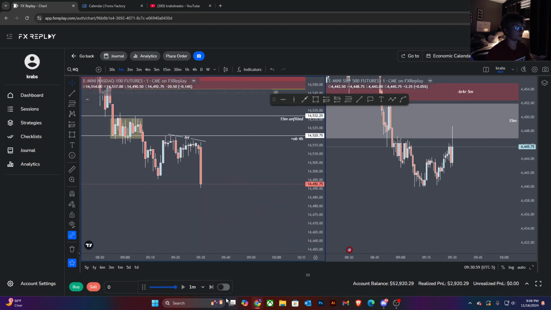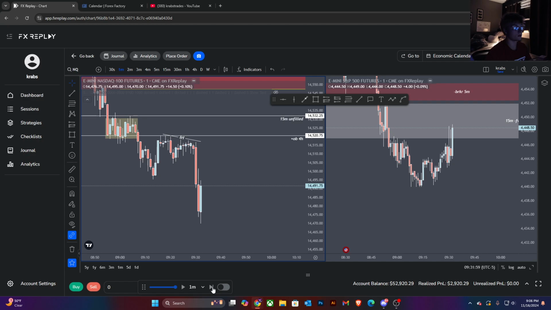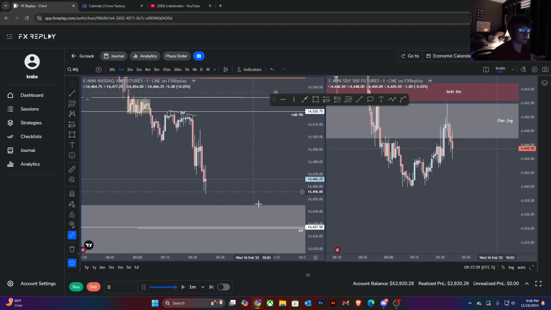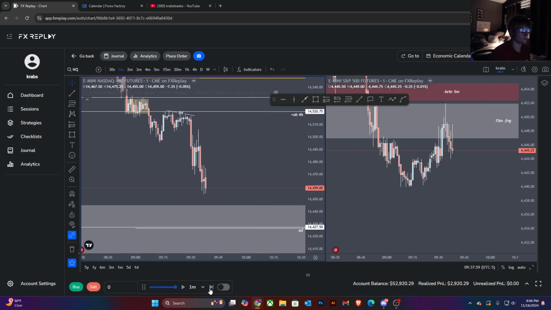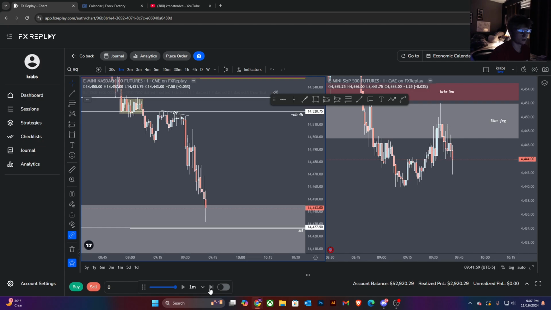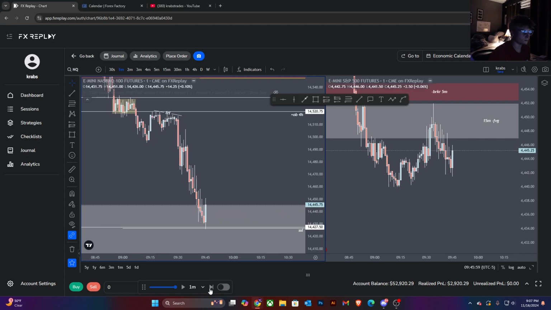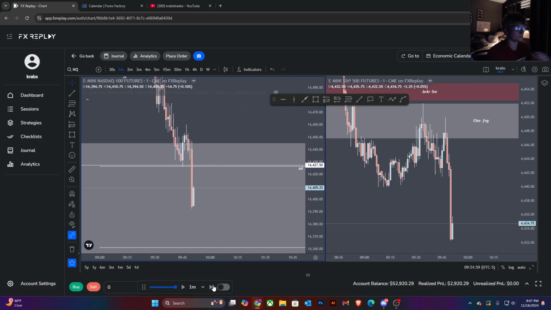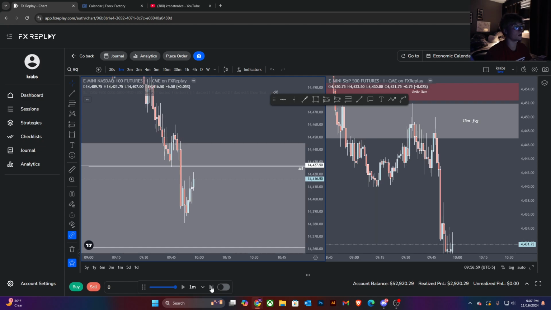If we can make a run higher and get shorts, that's what I want to see. Might not be an entry though. And just selling off.